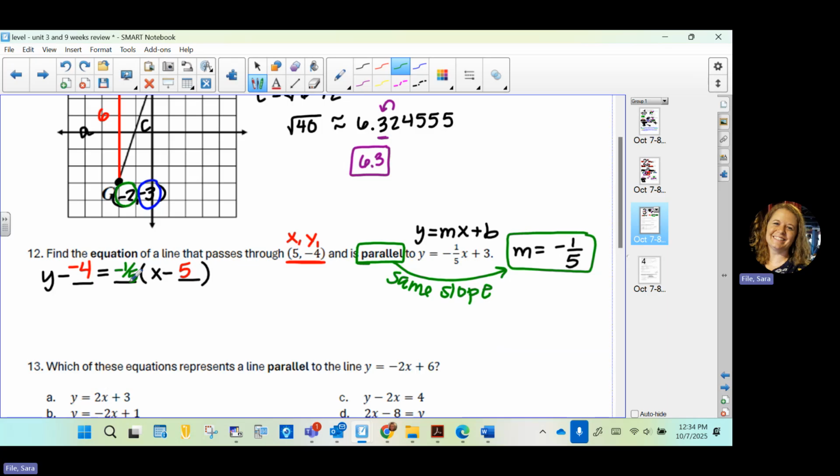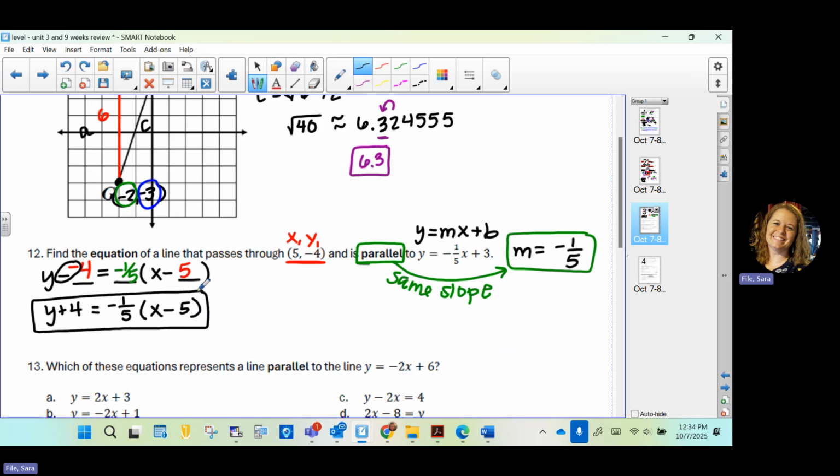Now again, it does not specify slope-intercept or point slope form. So I would simplify the minus a negative. That becomes a plus. And you could leave it like this.